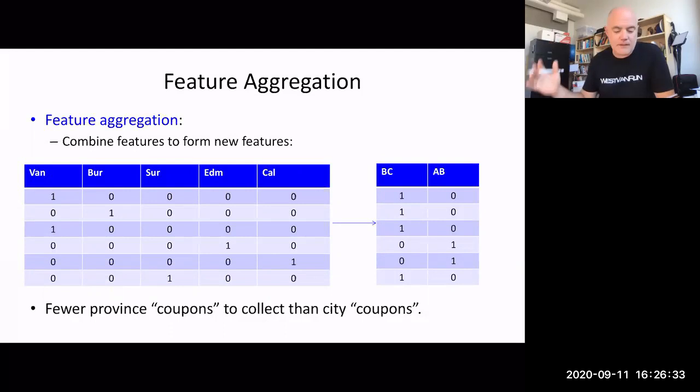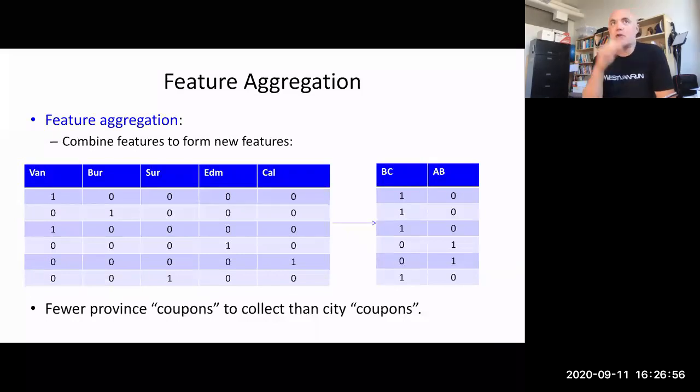So here, for instance, maybe we're making some sort of prediction about, who knows, people's income, and some of the features that we have are the specific cities in which they live. But let's say we have a relatively small data set, and that means that we don't have very many instances of people who live in Surrey, right?